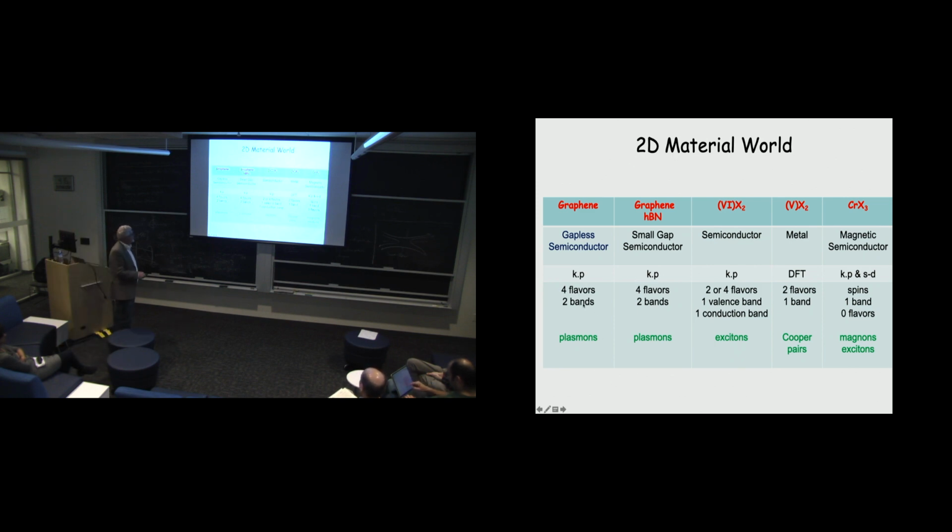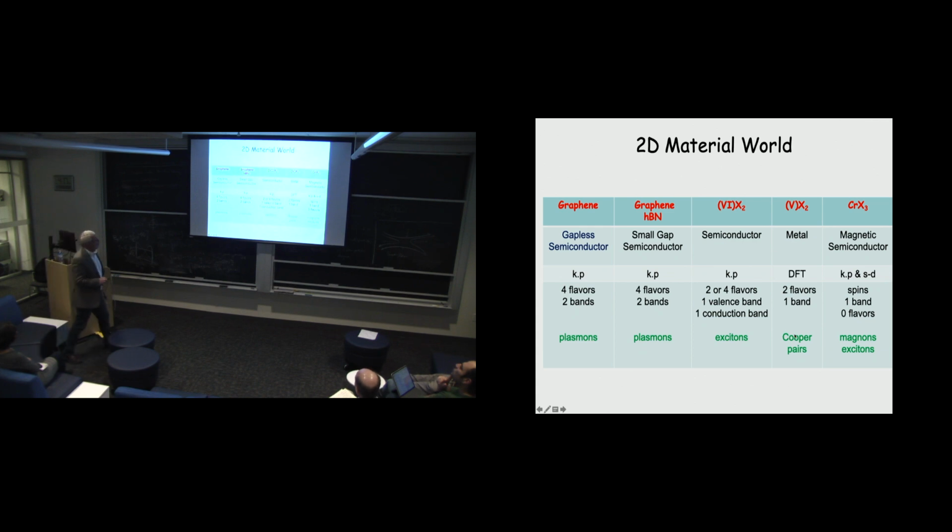But there also are bosonic objects that live inside these crystals, collective excitations, either excitons or plasmons, that are also described by periodic models with the periodicities of these Moiré patterns.